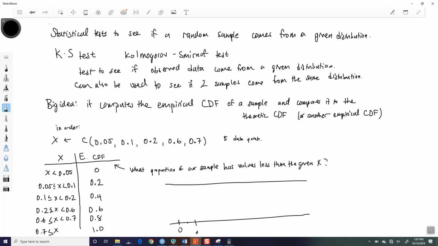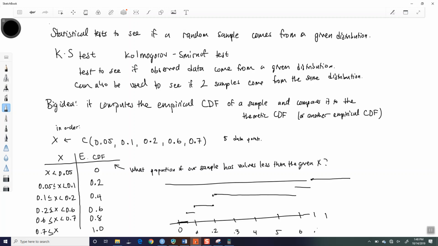Okay, so we're here, and then we jump up to 0.2, and then between 0.1 and 0.2, and then between 0.2 and 0.6, it jumps up to 60%, and then 80%, and 100% right there.